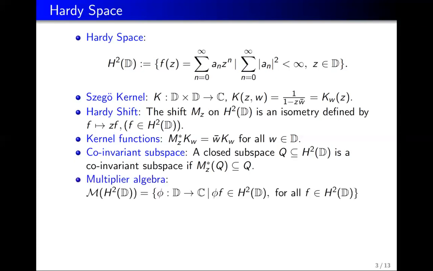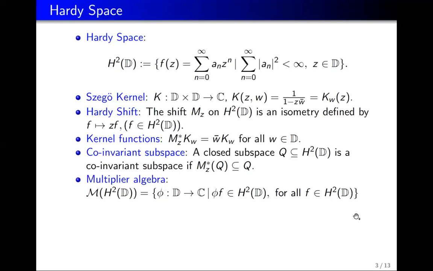And also one can define the multiplier algebra on such a Hilbert space, on such a Hardy space. What is a multiplier algebra? It consists of complex valued functions phi defined on the disk, such that if you take any function f from the Hardy space and multiply it by phi, it again lands in the Hardy space. So phi times f has to be a member of the Hardy space for all f.